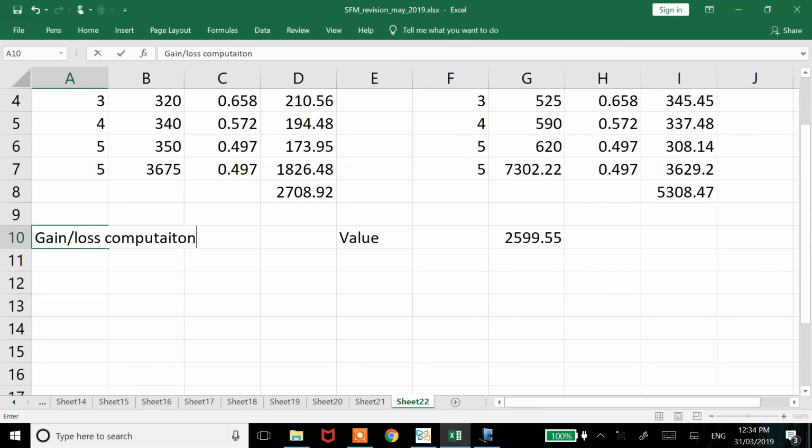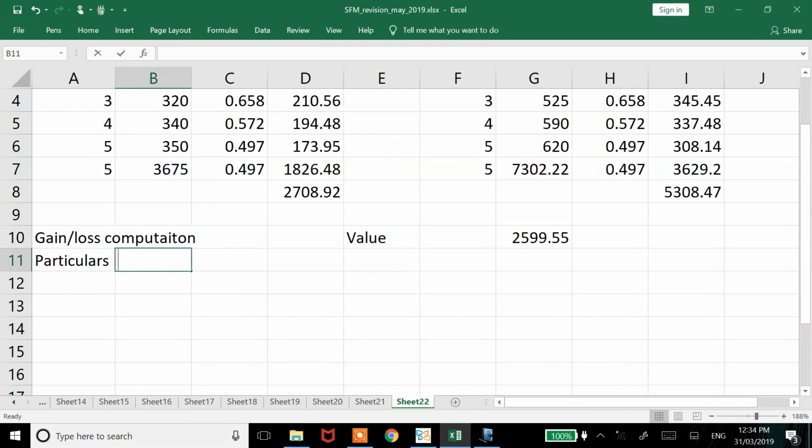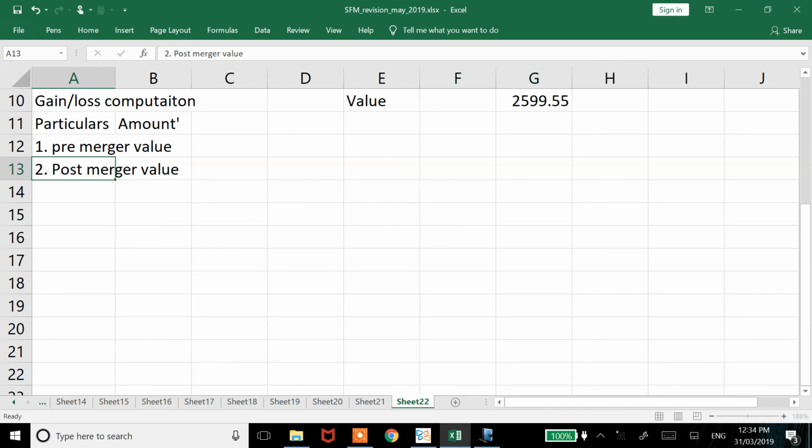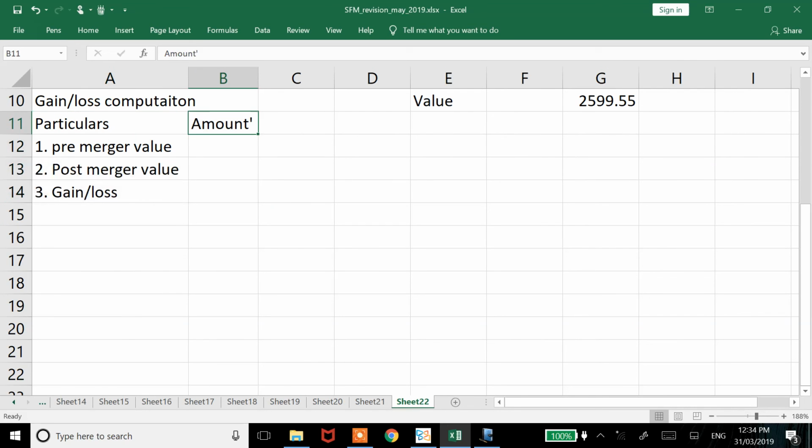Gain or loss computation: particulars, amount, pre-merger value, post-merger value, and gain/loss.